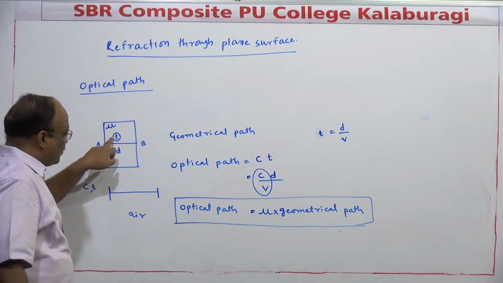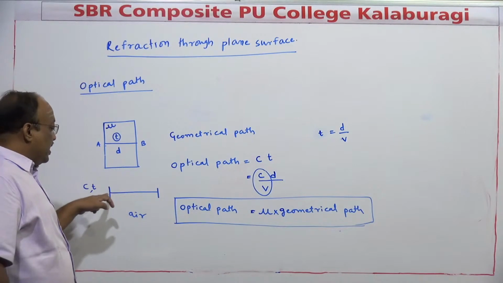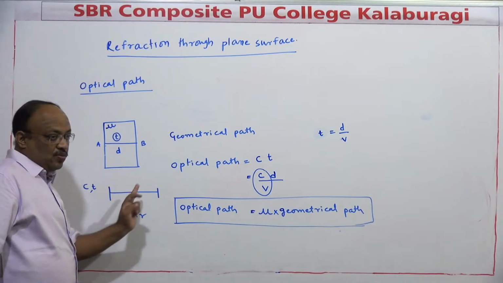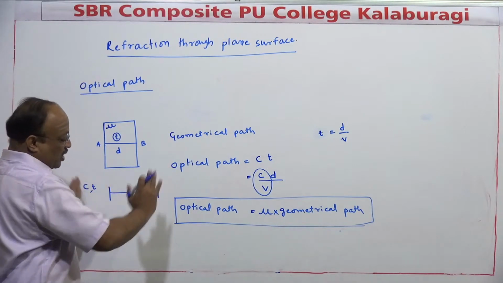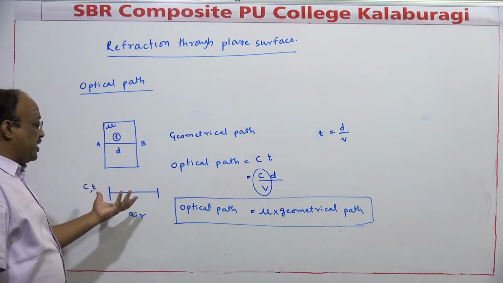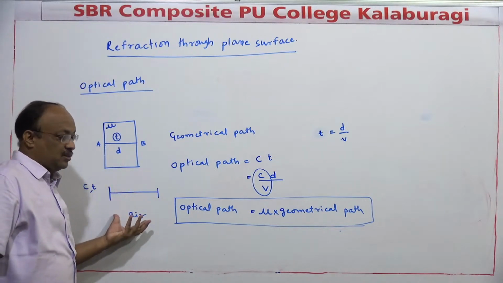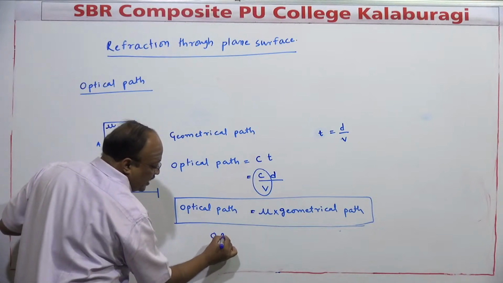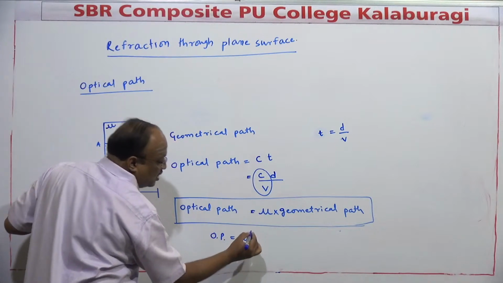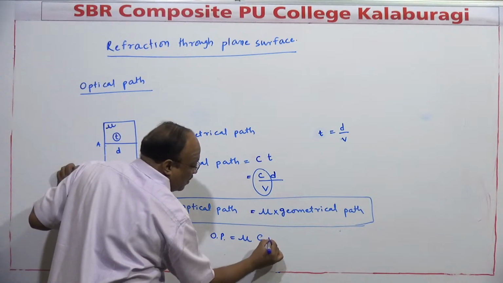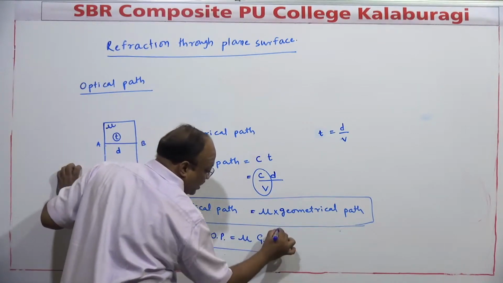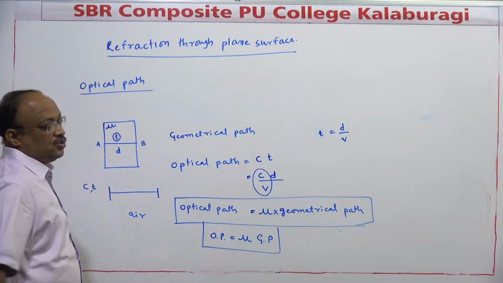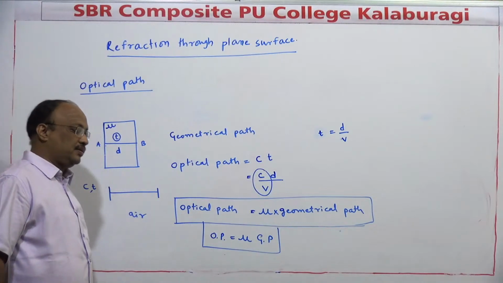For the same time duration, same ray, if it moves in air or vacuum, the distance it covers, that distance we say is the optical path. So optical path is mu times geometrical path.